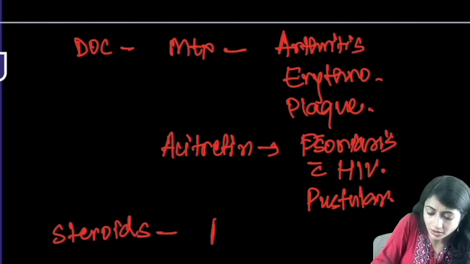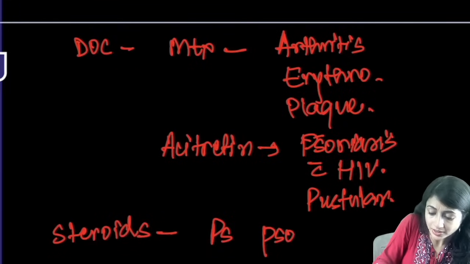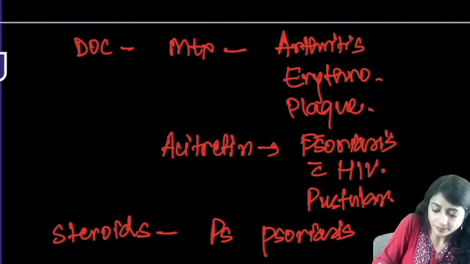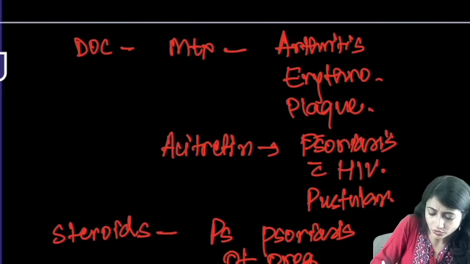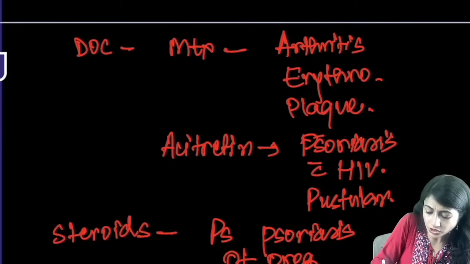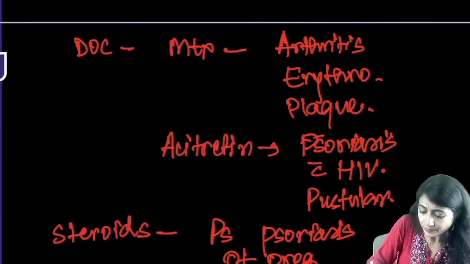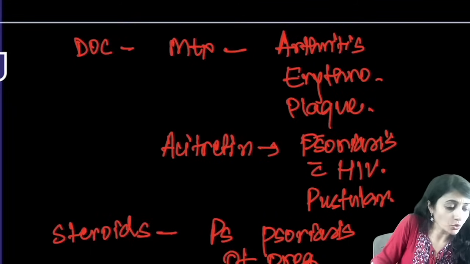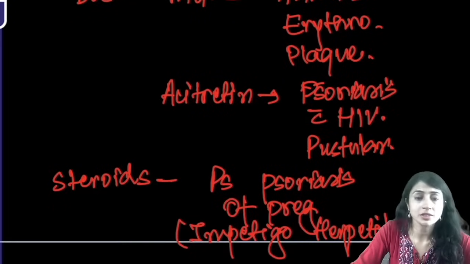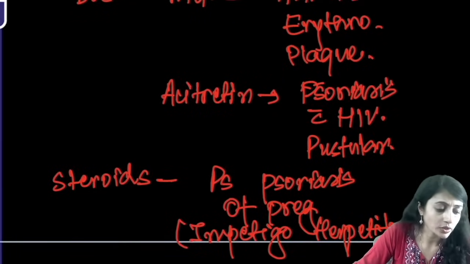We use it in pustular psoriasis of pregnancy. Not all types of pustular psoriasis. Only pustular psoriasis of pregnancy, which is called impetigo herpetiformis. Alright? No dapsone. You don't use dapsone in psoriasis.